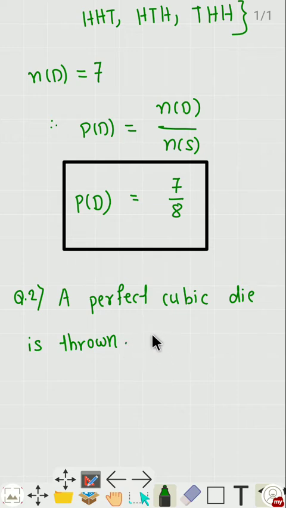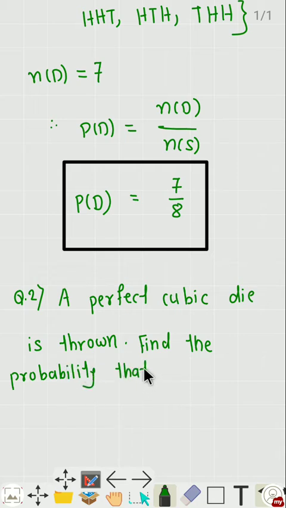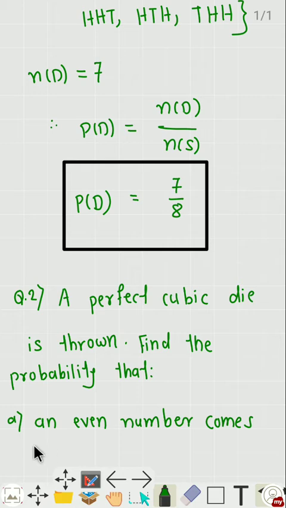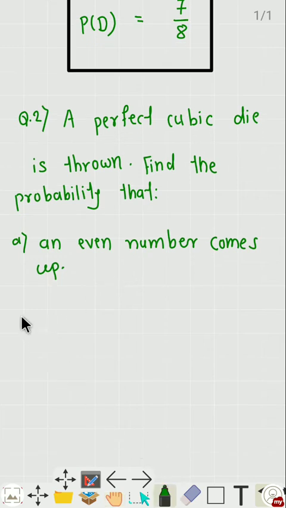Find the probability that, first case, an even number comes up, and second case, a perfect square comes up.